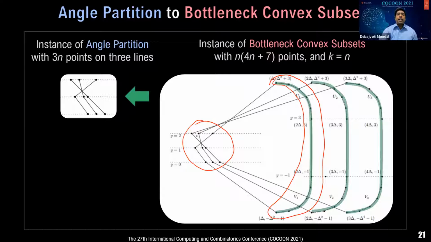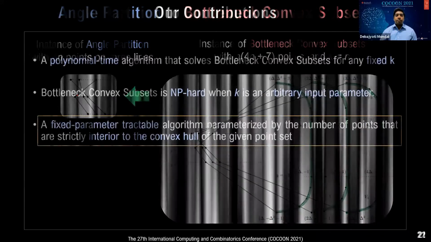And there we get the partition of the point set with convex y-monotone angles where none of them are right facing. And that gives us a solution for the angle partition. And this concludes the NP-hardness proof.